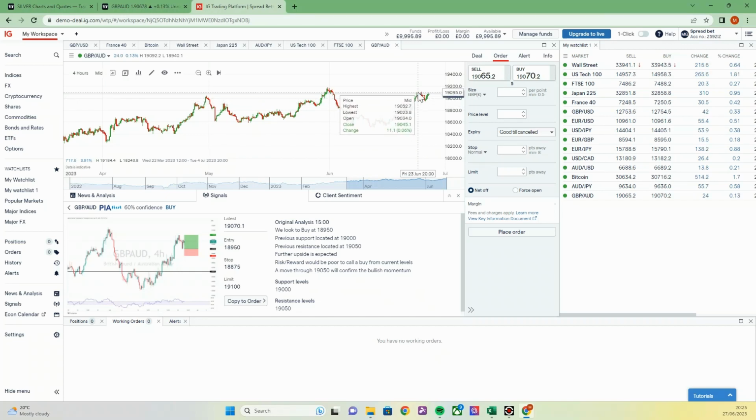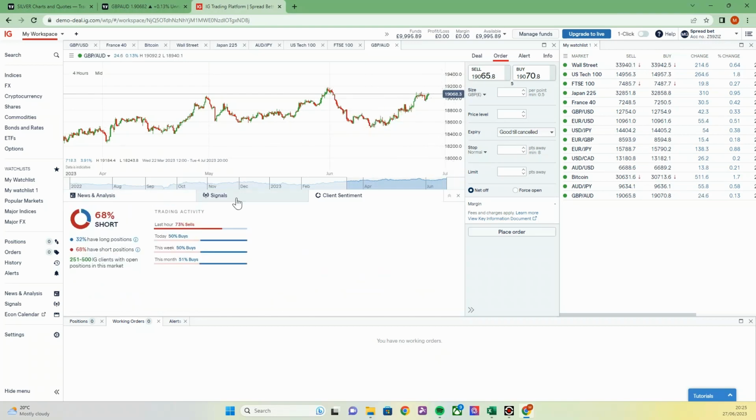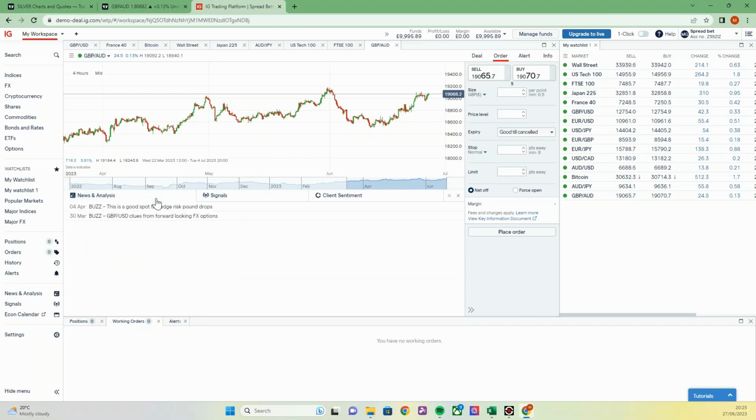Fair play to them, they got it, really. Why was that an intraday? It's a good spot to hedge risk as the pound drops.